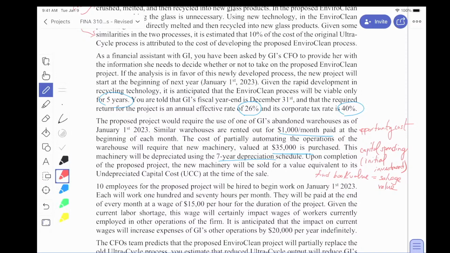So this is going to be an expense, an incremental expense.